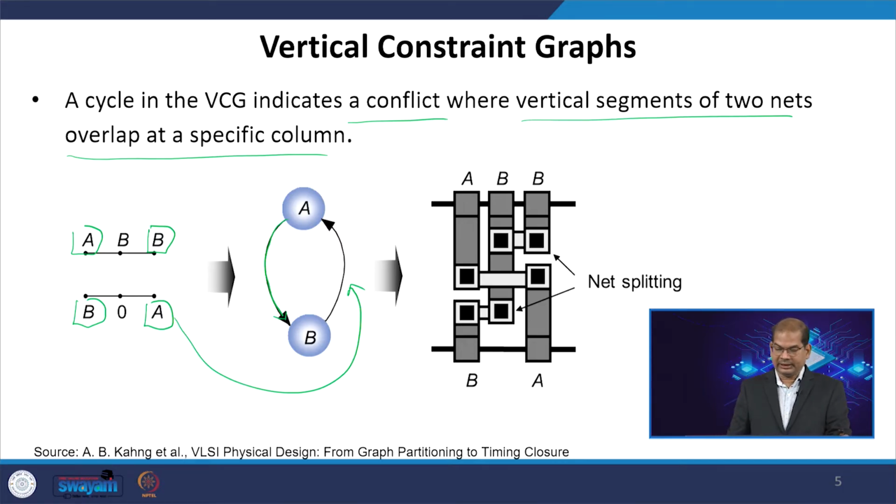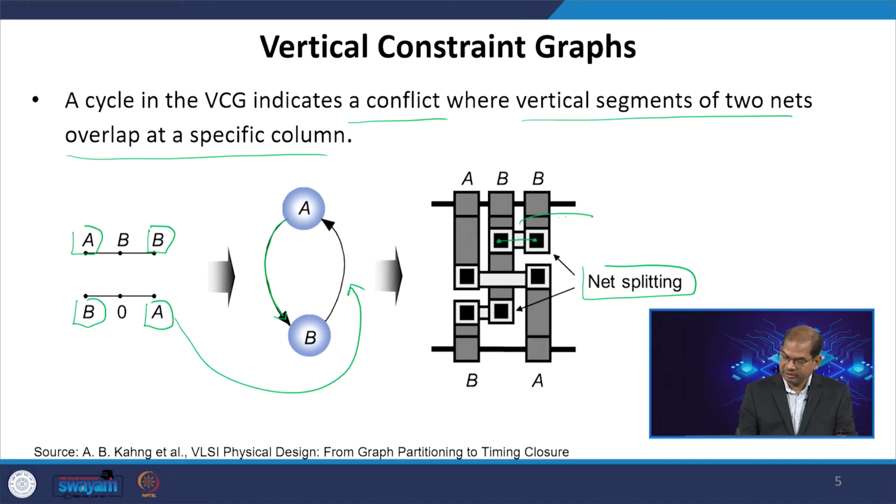So, in this case we cannot use the same vertical segment for routing the A and B nets in the same column. This problem can be solved using net splitting. What we did here is divide the B1 net into two parts. So, here you have a net from here to here.